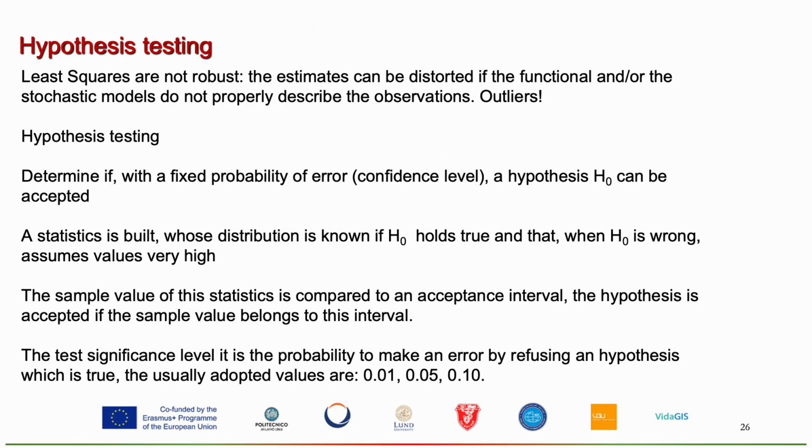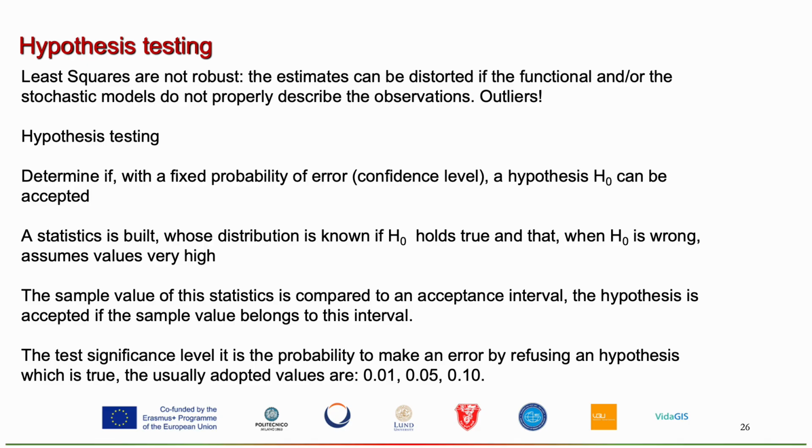Okay, let's focus now on the problem of hypothesis testing. The starting point is that it can be proved that least squares are not robust. This means, in practice, that the final estimates of the unknowns, and also the a posteriori estimates of the observations and therefore of the residuals, can be distorted when the functional model and the stochastic model are wrong.